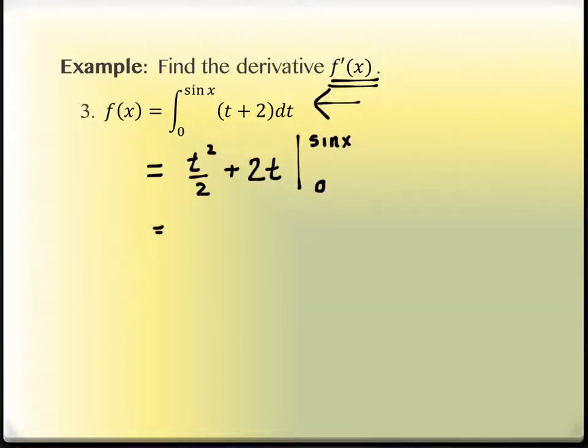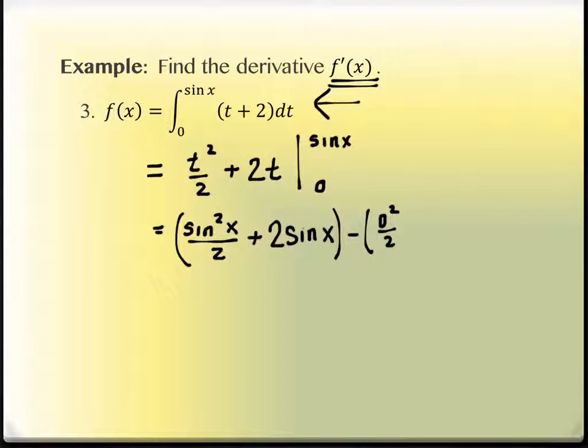All right, so we're going to put in sine of x. So this is sine squared of x over 2 plus 2 sine of x. Then I'm going to subtract 0 squared over 2 plus 2 times 0. So it's all zeros at the end.